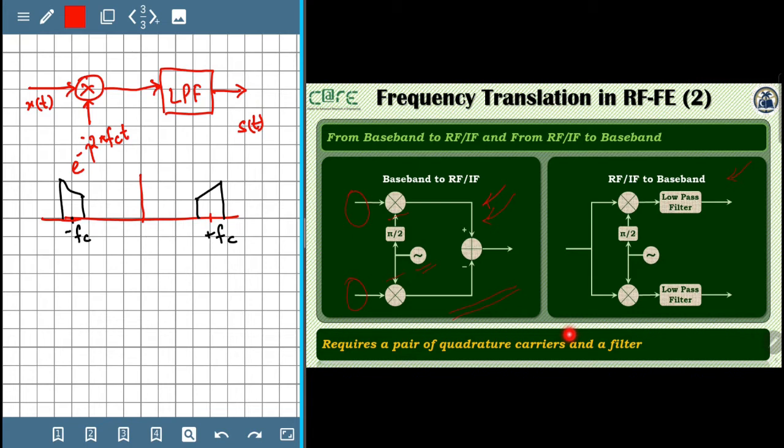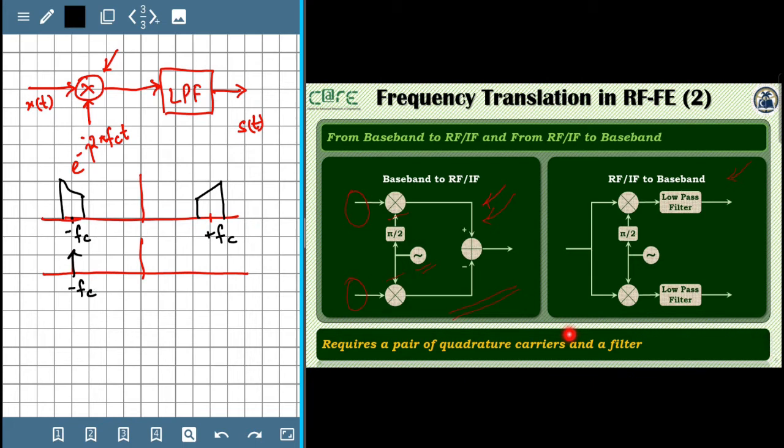What we do next is multiplication in the time domain. The multiplication is being done with e power minus j 2 pi fct. The Fourier transform of this signal is as follows. It's basically an impulse at minus fc.